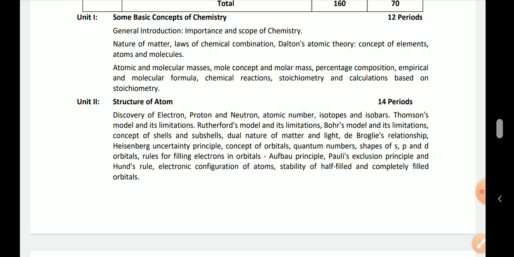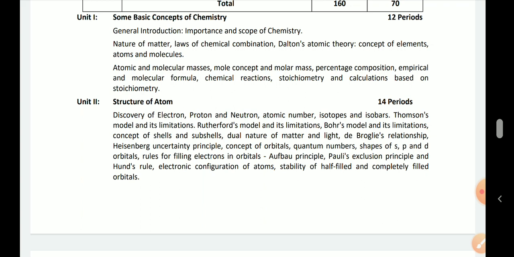All these you have studied in class 9th, and the other topics you will study in class 11th. That's why this chapter is not much harder for the students.